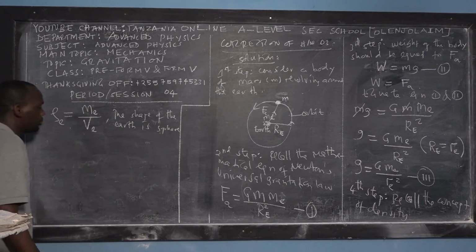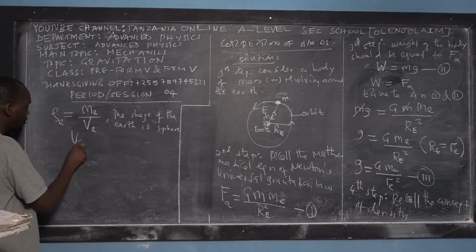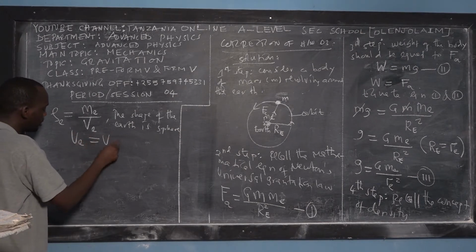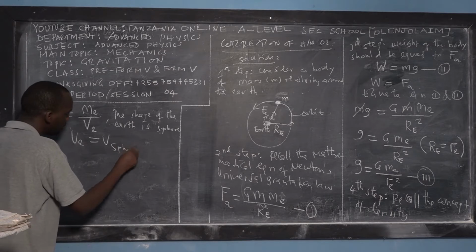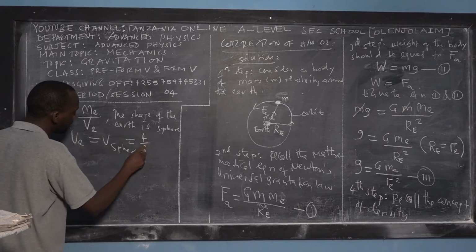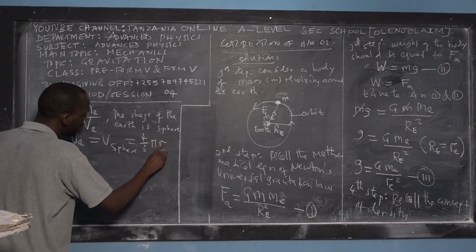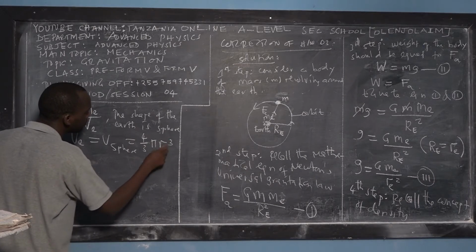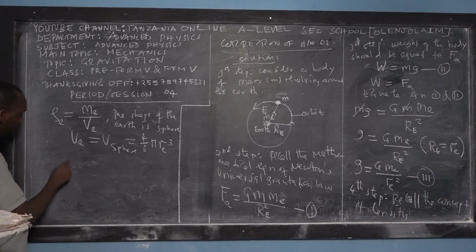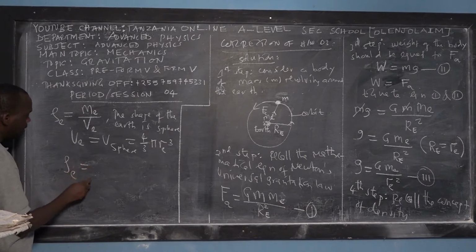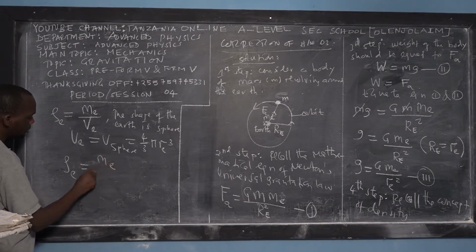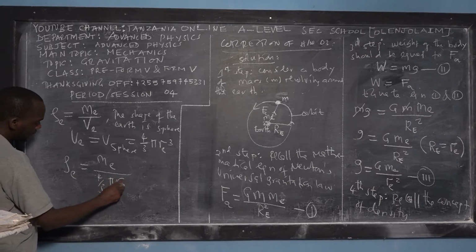So because its shape is a sphere, the volume of the sphere is 4 over 3 pi r of the S cubed. Therefore, the density of the S is equal to the mass of the S over 4 over 3 pi r of the S cubed.